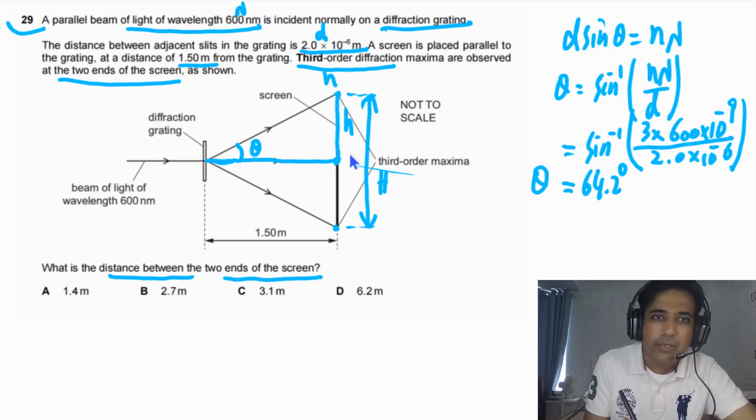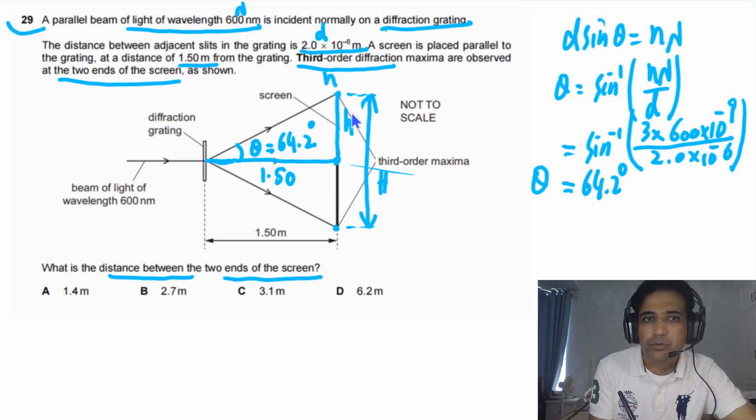So now we have the value of this angle. We can find out the value of h because we have this side. This is equal to 1.50 meters, and the value of the angle we have found is 64.2 degrees. We need to find out h.